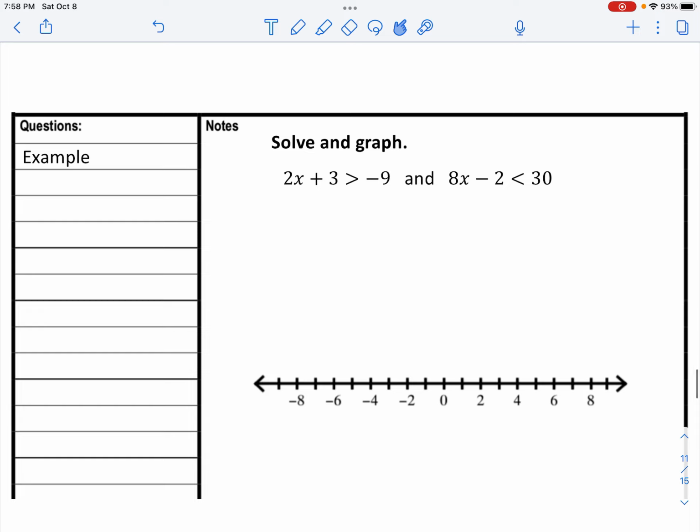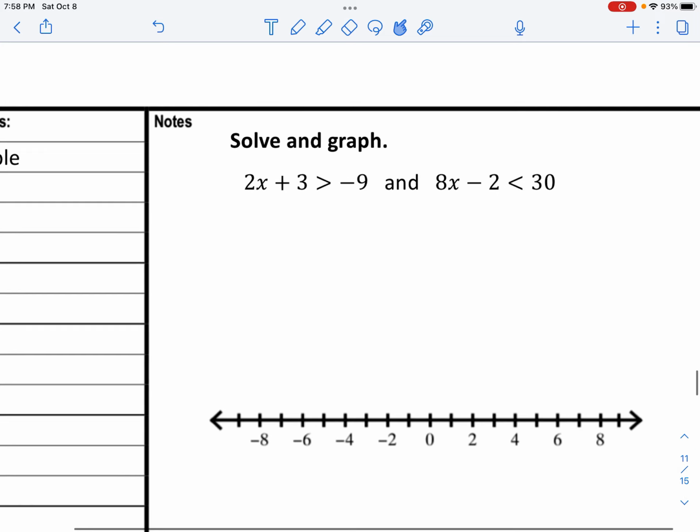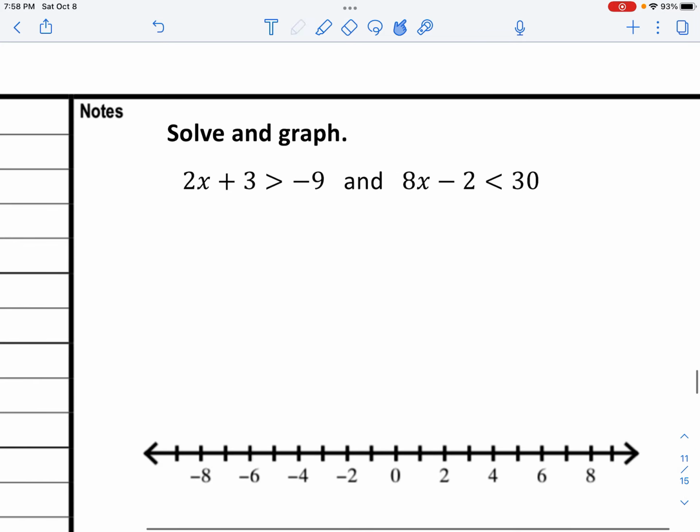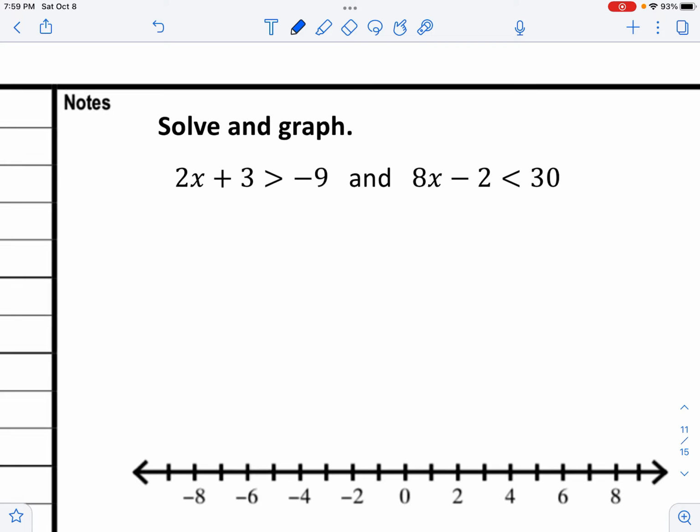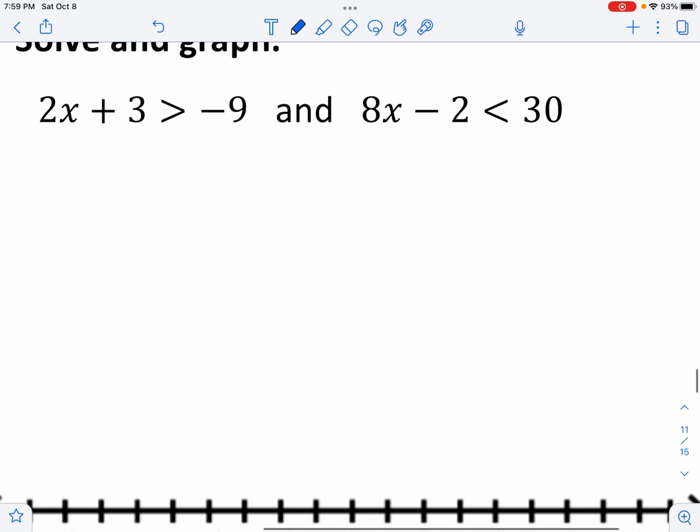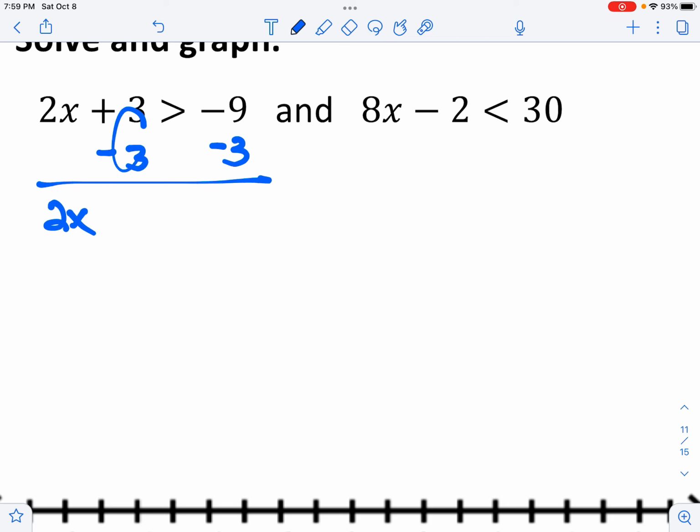So here is an example where it's split apart. Okay, and so then we will just solve both of these inequalities. So subtract 3. And then I have 2x comes down. These cancel, is greater than negative 12. Divide by 2, divide by 2.